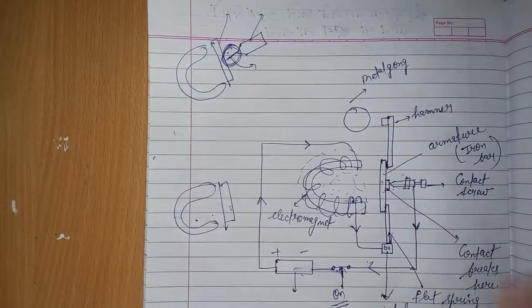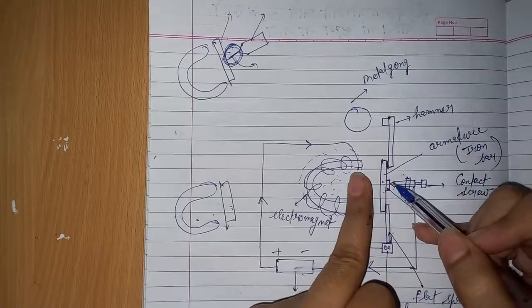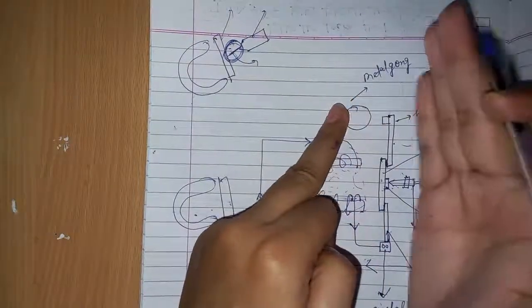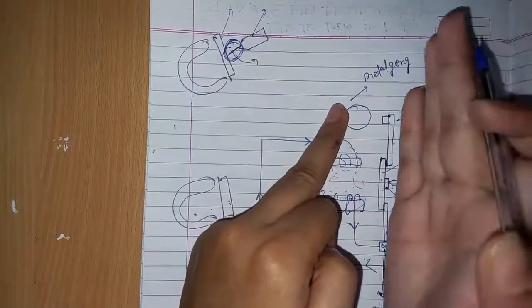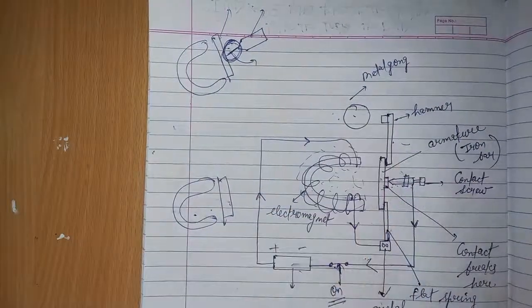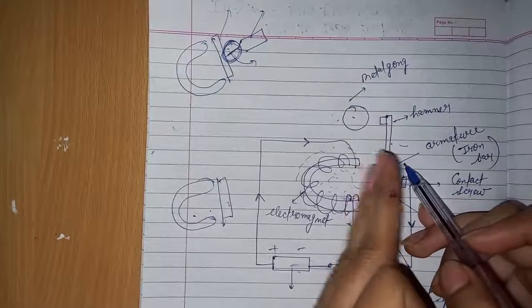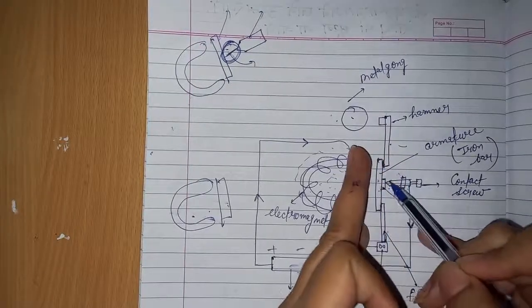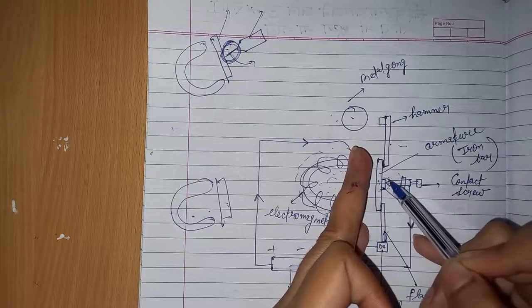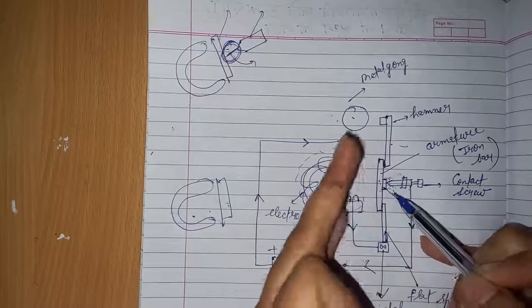And the first time the armature is attracted by the electromagnet, the hammer strikes the metal gong, because the hammer is also brought near the metal gong. And when the armature is pulled toward the electromagnet, the contact between the armature and the contact screw breaks, so the circuit becomes incomplete.